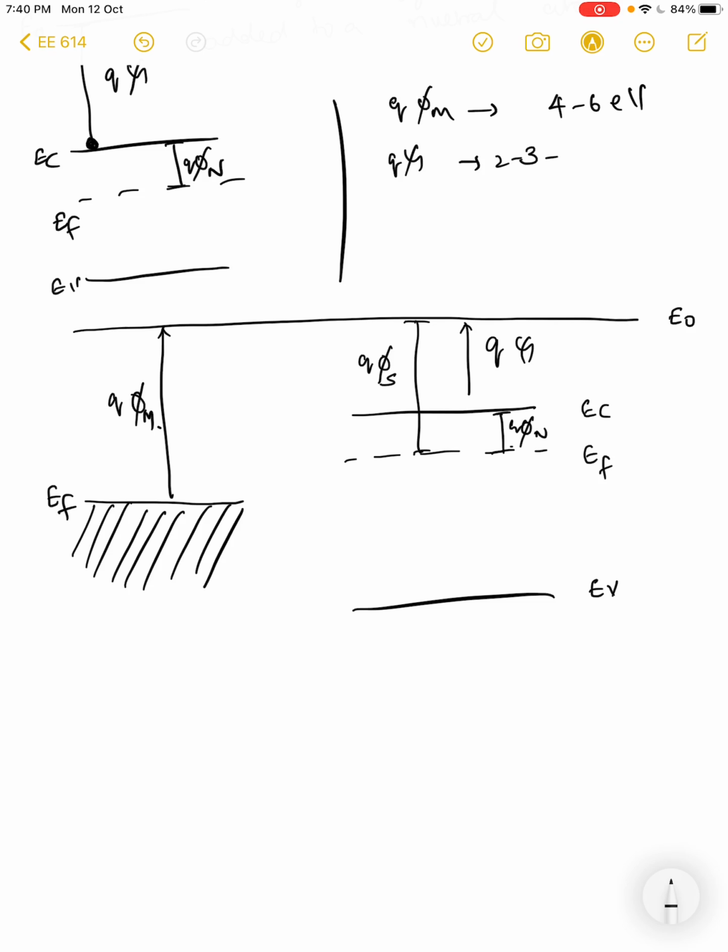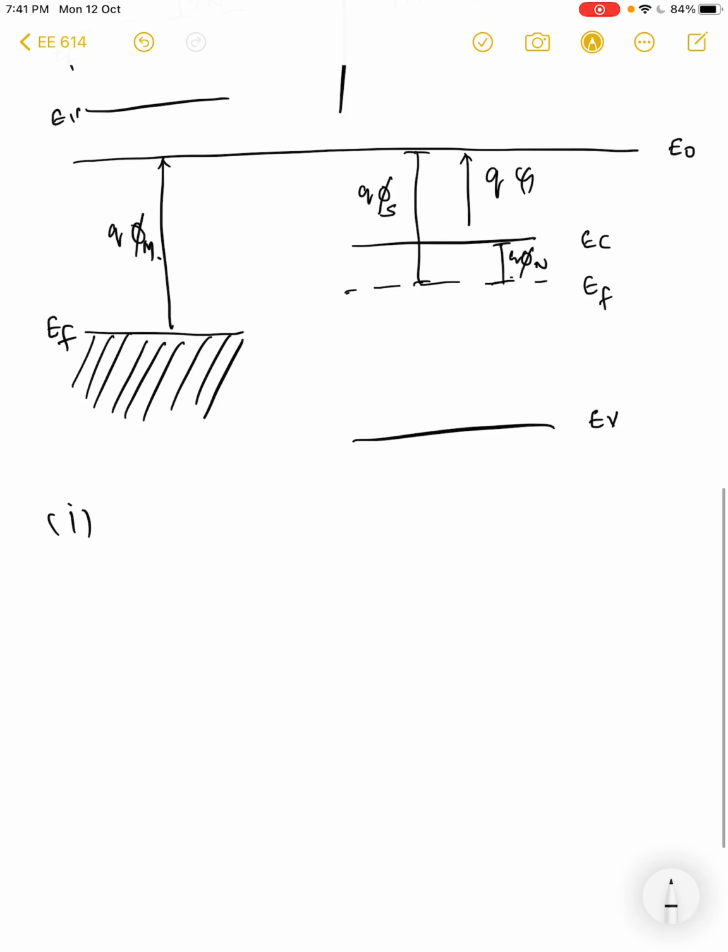And when we join these two together, there are a few things that we have to keep in mind, right? The first thing is the electron affinity, band structure, band gap, intrinsic levels, right?